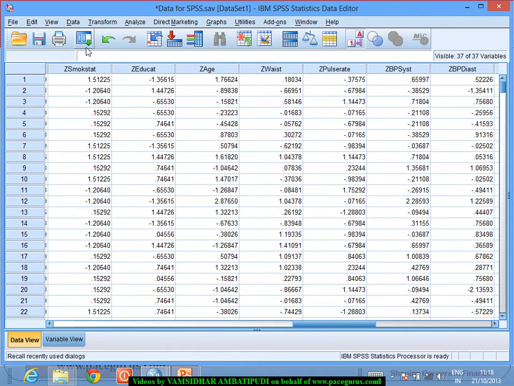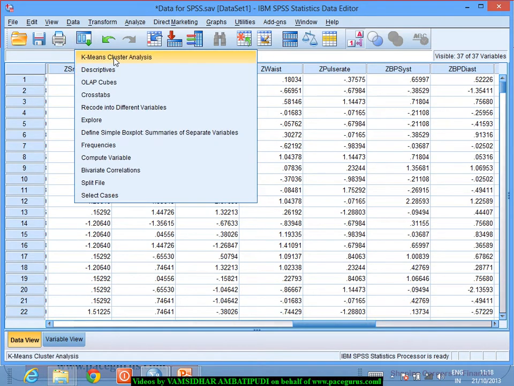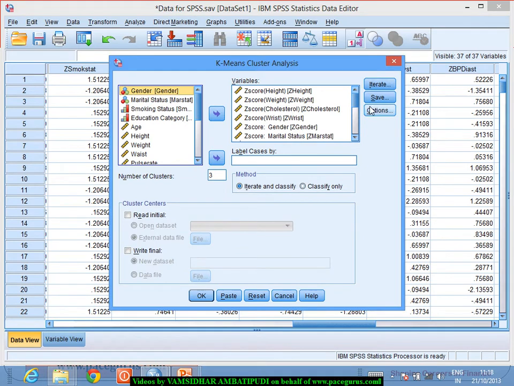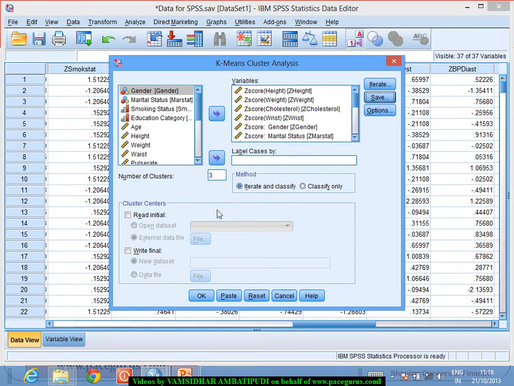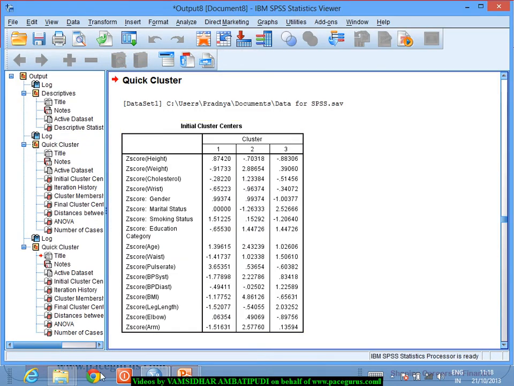So probably what I should do is go to the same K-means cluster, and under Save, it's better that I go with the cluster membership as well as the distance from the cluster centers, right? Because that will tell me what I need. That save will actually save my values here.